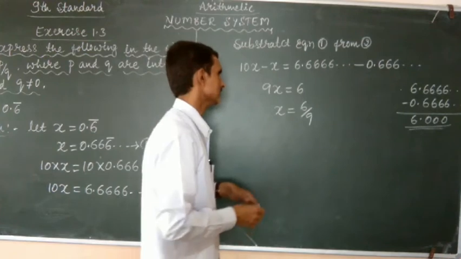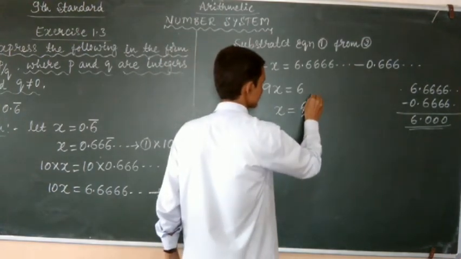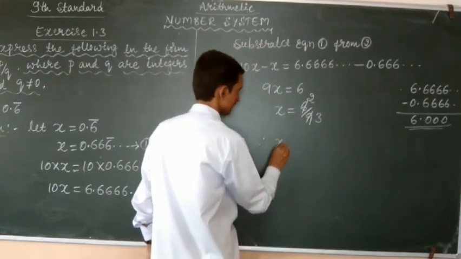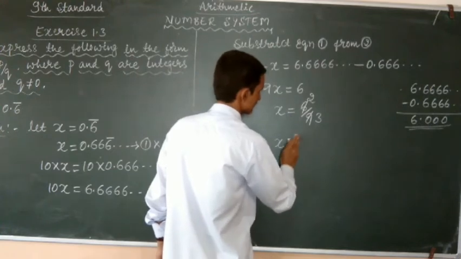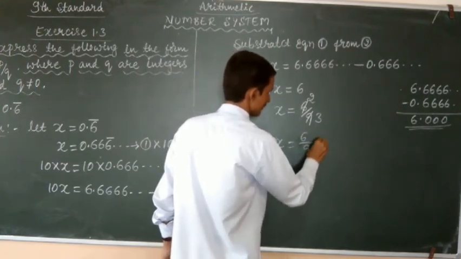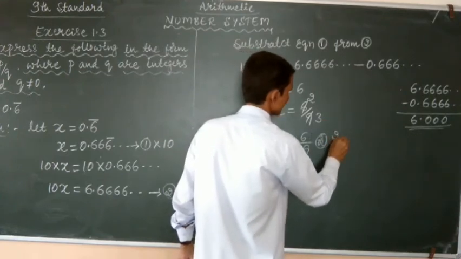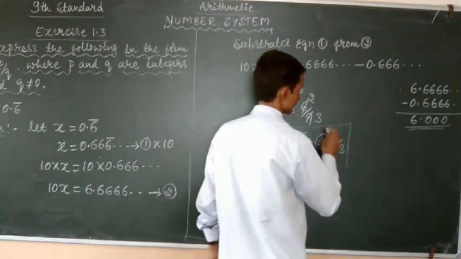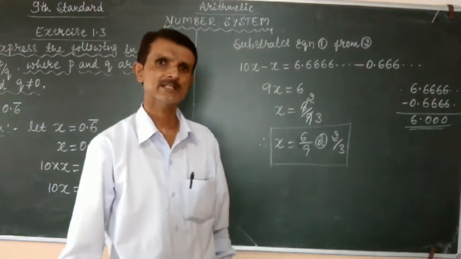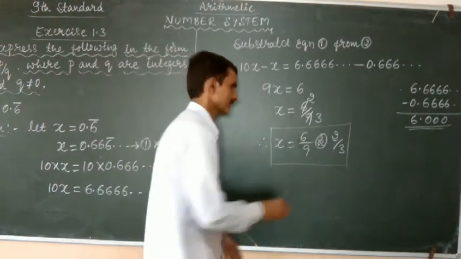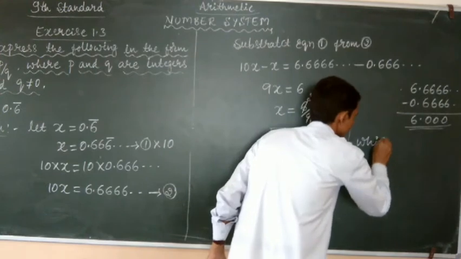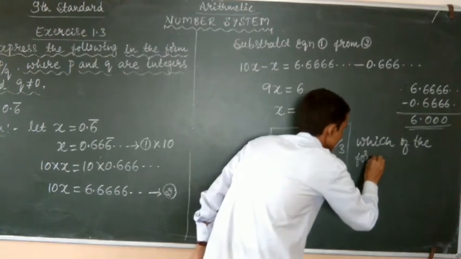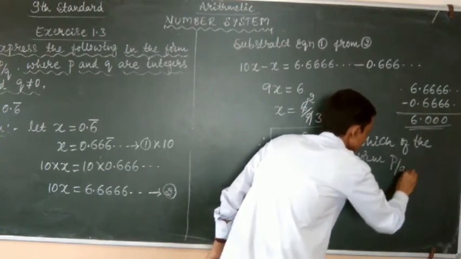If you simplify, the simplified form is 3 2s are 6, 3 3s are 9. So therefore x equals 6 by 9 or 2 by 3, which is of the form p by q.